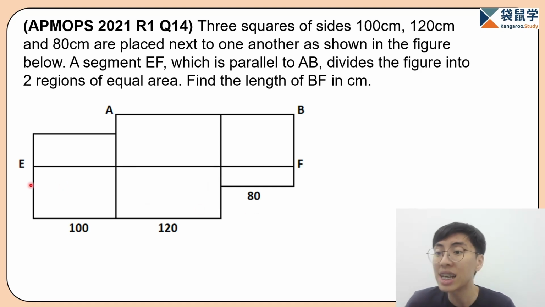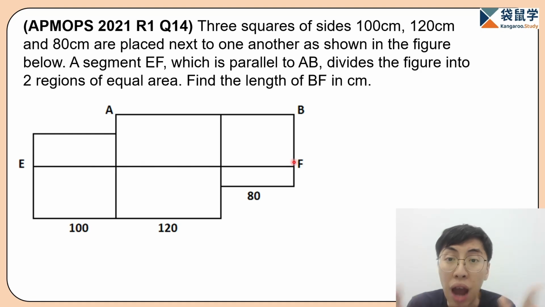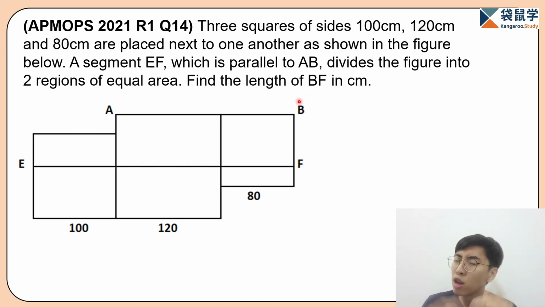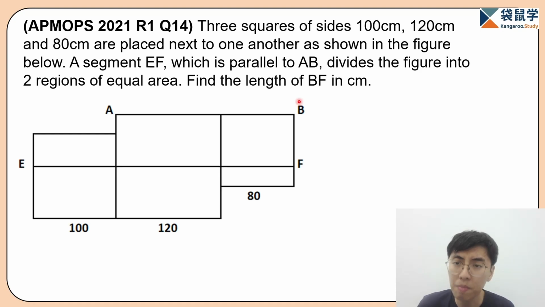And now there's a segment EF, this straight line over here, that is parallel to AB, which divides the figure into two regions of an equal area. Now, let's say we want to find the length of BF in terms of cm.